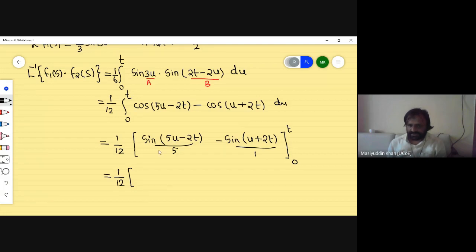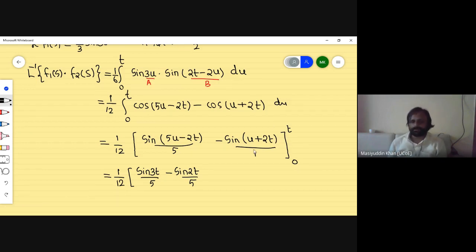So sine of pi t minus 2t, that is sine 3t by 5. Substituting the lower limit here directly, 0, sine of minus 2t is minus, so minus sine of 2t by 5. So this is the upper minus lower of the first term.